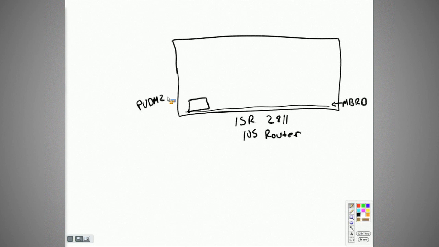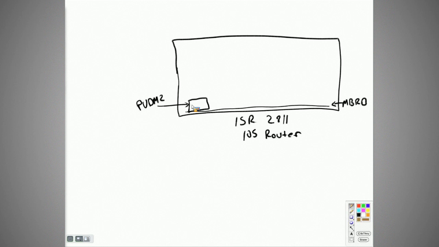PVDM3s can go on the ISR G2. PVDM2s can go directly on the motherboard of the older ISR routers, the 2811s, 3800s, and so forth. And the older PVDMs cannot go directly on a motherboard of either an ISR G2 or the older 2600s, 1760s, 3700s. Instead, they have to go on a network module, NMHDV, network module high density voice.